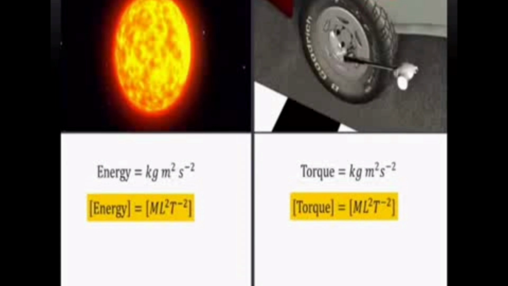These two quantities have the same dimensional formula and the same unit, but they do not have the same properties. So the dimension is the same, but they do not have the same properties or characteristics. You should not relate that with the physical properties. So lesson over.